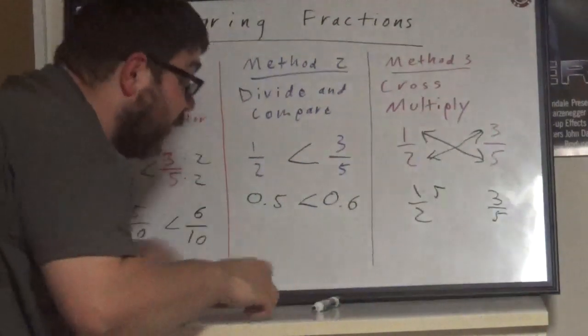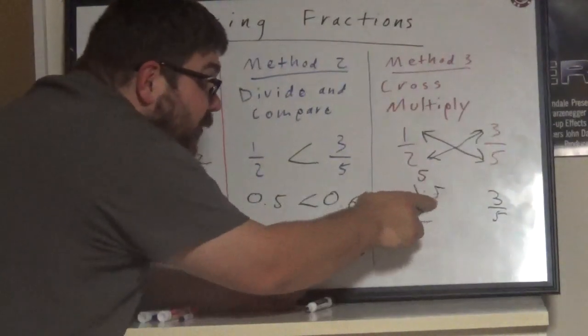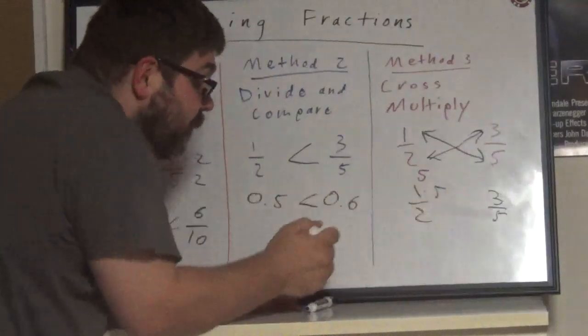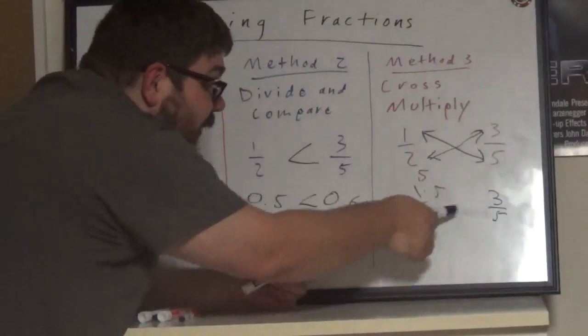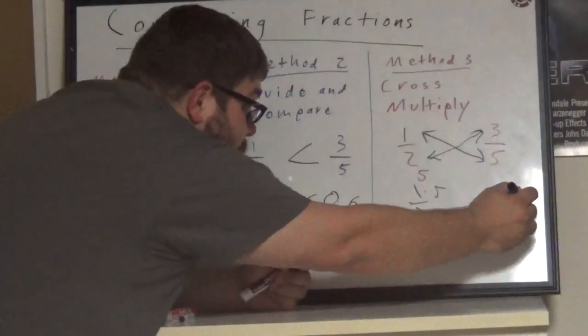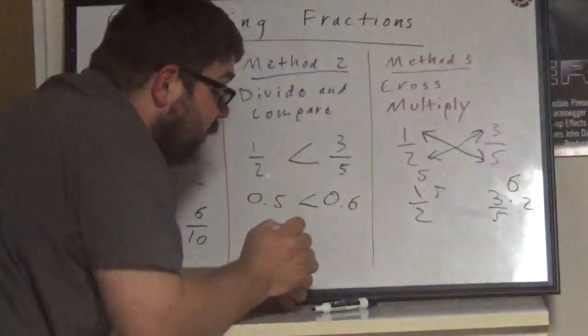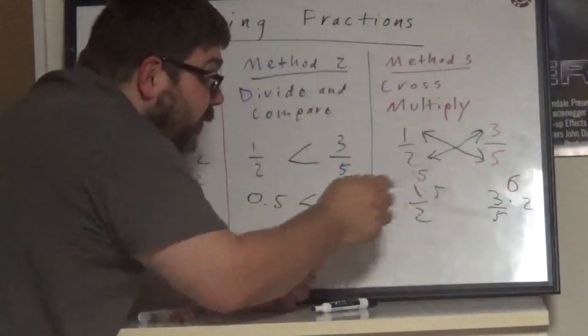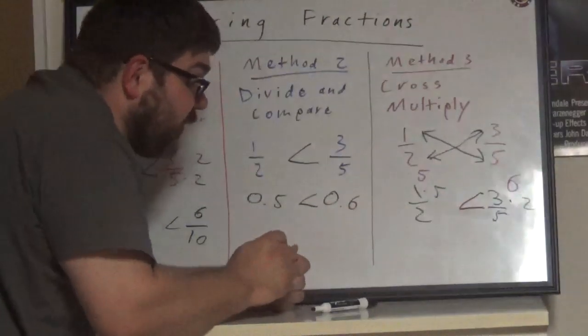I'll put that in a different color. So we get 5, cross multiplying. And then we're going to do 3 times 2. 3 times 2 is 6. And again, 6 is bigger than 5. And so, of course, again, 3/5 is bigger.